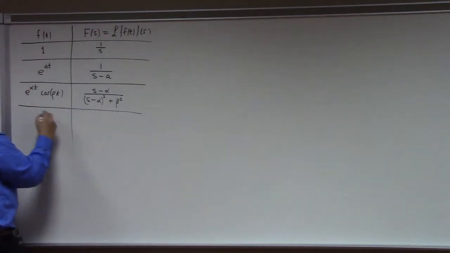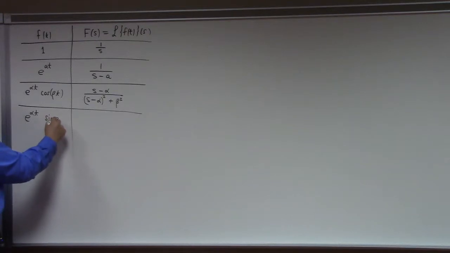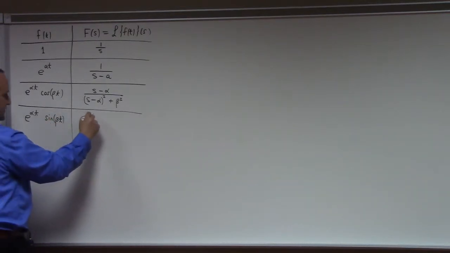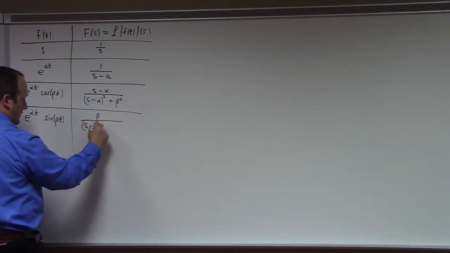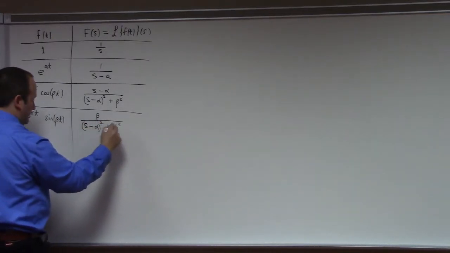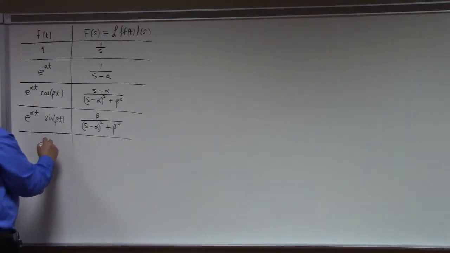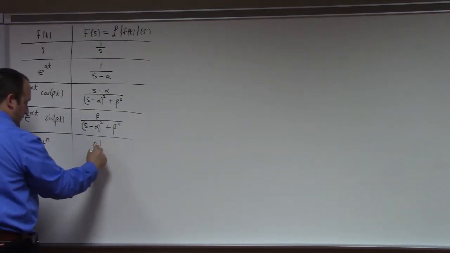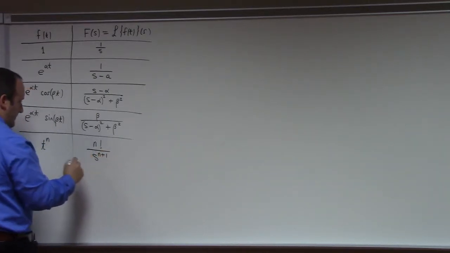And the other one, e to the alpha t sine beta t, was just beta over s minus alpha squared plus beta squared. The other one we did at the very end of class, I believe, was the Laplace transform of t to the n. It was n factorial over s to the n plus 1, right?